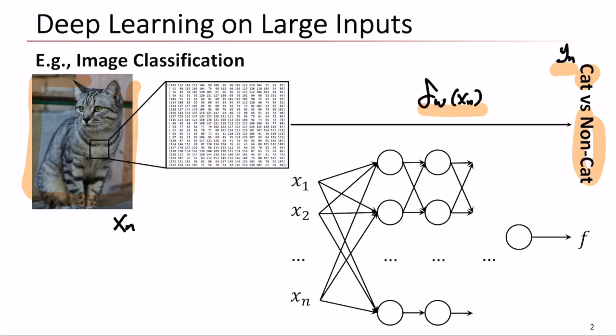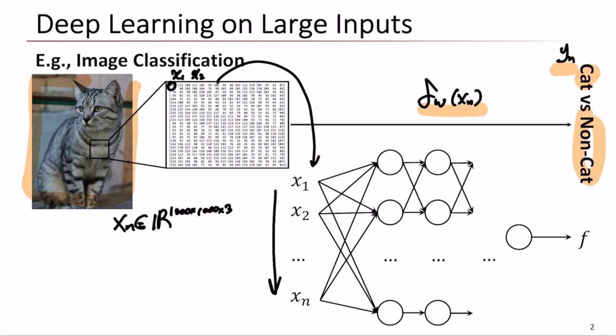Anyway, f_w(xn) may be formulated within a neural network. So let's suppose that xn consists of pixels, let's say 1000 by 1000 by 3, and each pixel value, I mean x1 or x2, when I stretch the input image to a 1D vector, is going to be the input for the MLP.